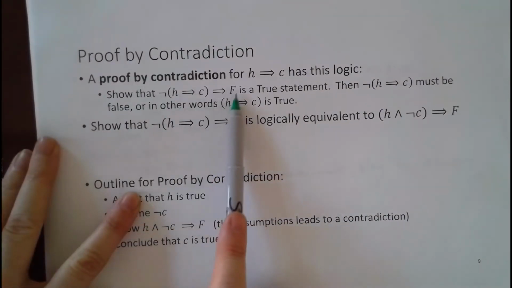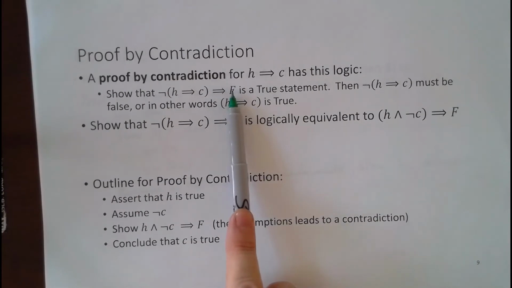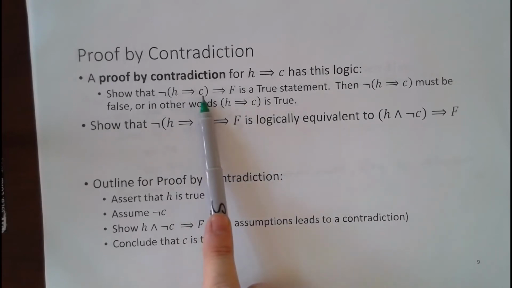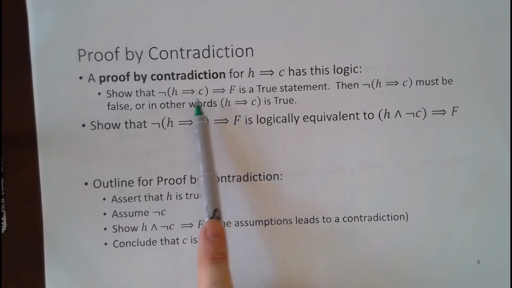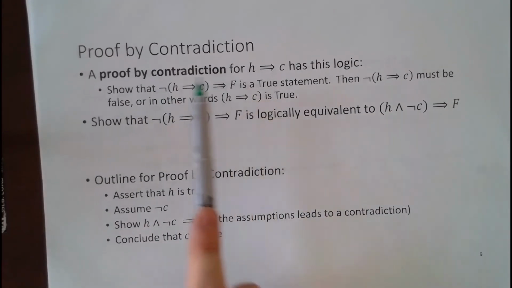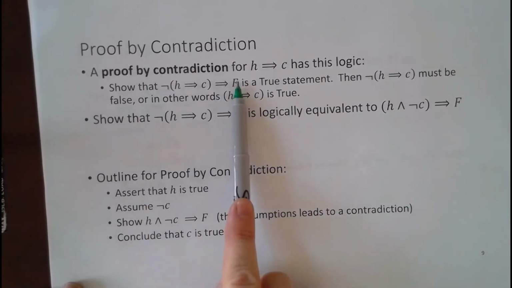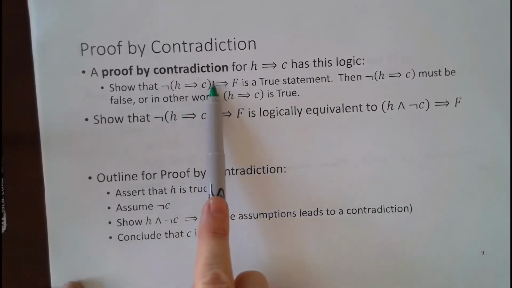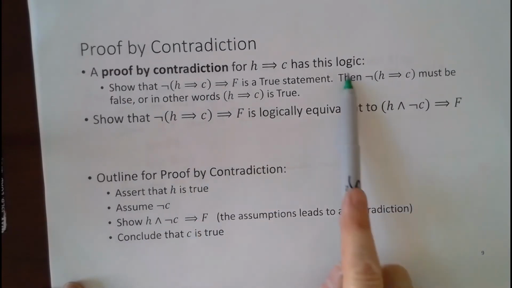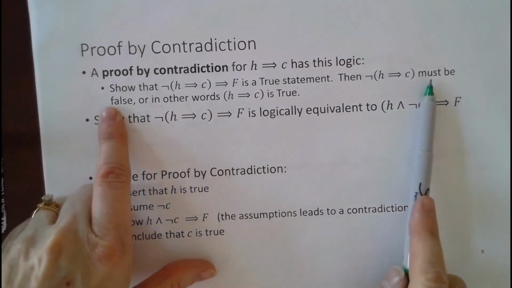If this implication is true, how could that be true? Well, if I have a false conclusion, the only way for this implication to be true is that the hypothesis must have been false. Right? The only time that something implies false is true is when it's false implies false, not when it's true implies false. So the only way for this thing to be true is for the hypothesis to be false.